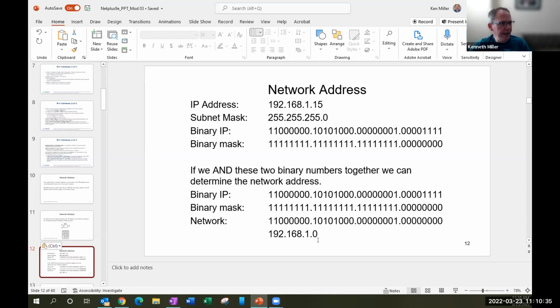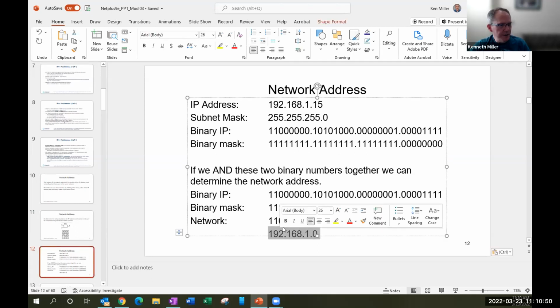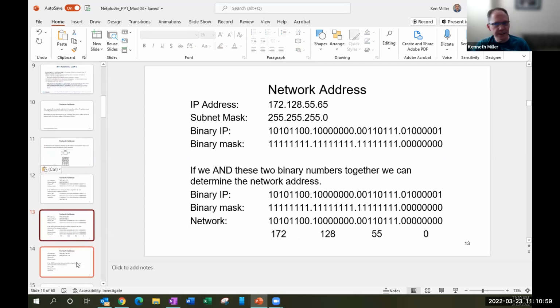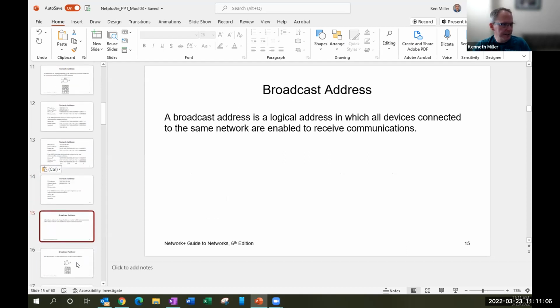So if we AND that together, we know that 192 and all ones is 192. 168 and all ones is 168. 1 and 255 is 1. And then 15 and 0 will be 0. So our network ID will become 192.168.1.0. Okay. So here's another example. And I'll put these slides in your PowerPoint so you'll have those. All right. And then there's another one.